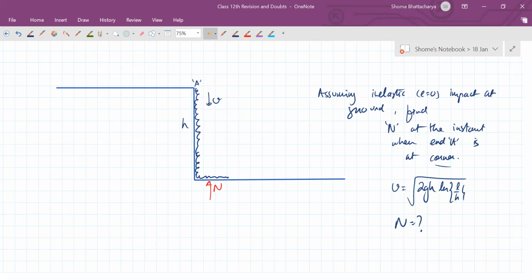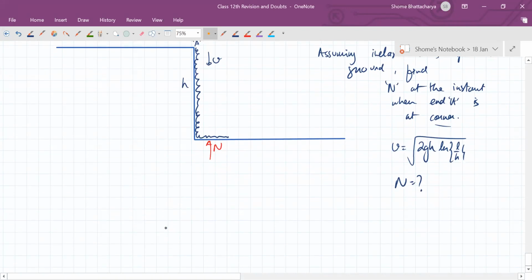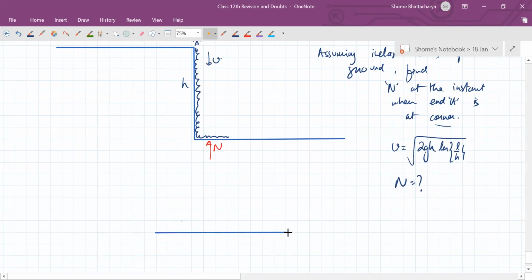Very good. So whenever we have this kind of situation where a chain is falling vertically without any table support, on a surface, making inelastic impact, we have to use the variable mass system concept, because if you apply Newton's second law to the portion of the chain which is on the floor here, it is a variable mass system.